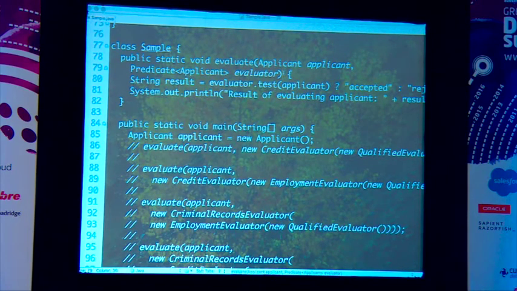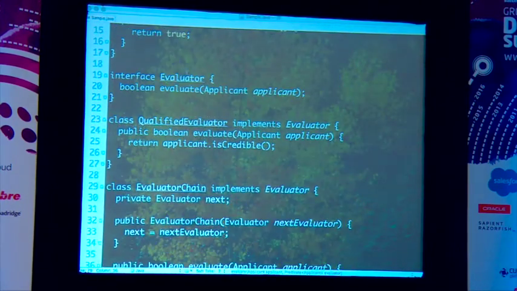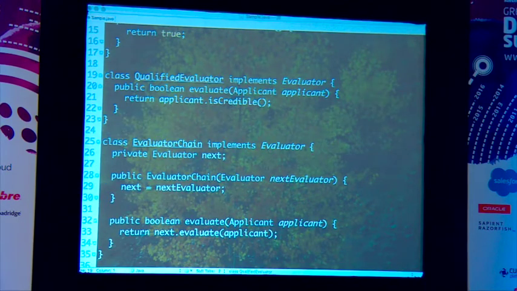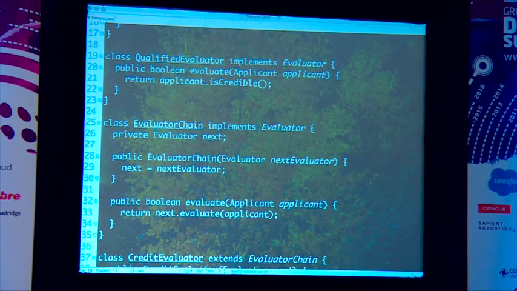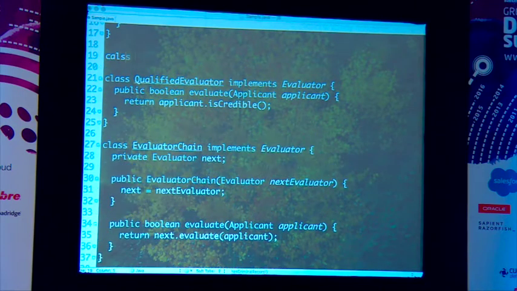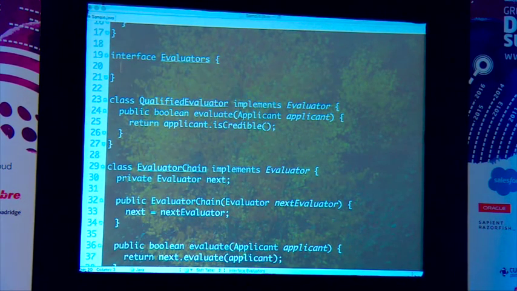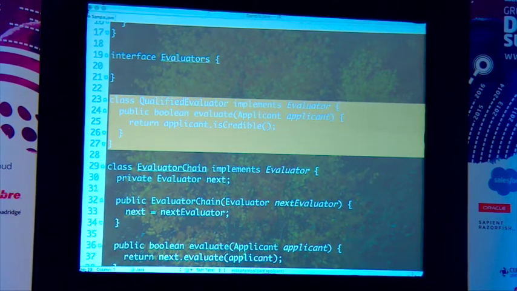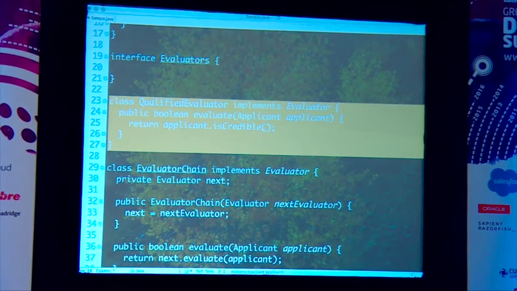Then I'm going to go over to evaluator, and I'm going to get rid of this evaluator. That's gone. Then I go up here to the qualified evaluator. I will create an interface called Evaluators, with a plural, just for a minute. Look at this one here. What does it do? It says, I'm going to check for credibility.